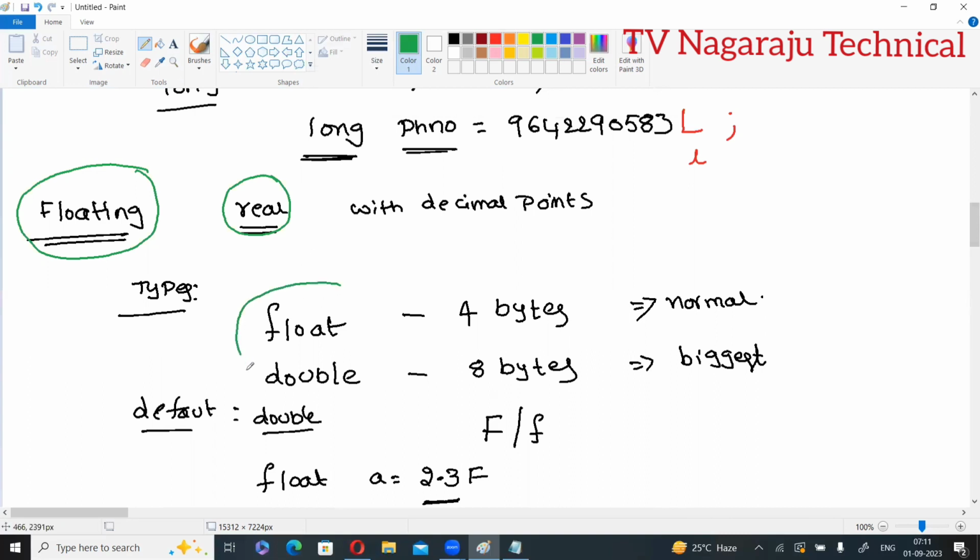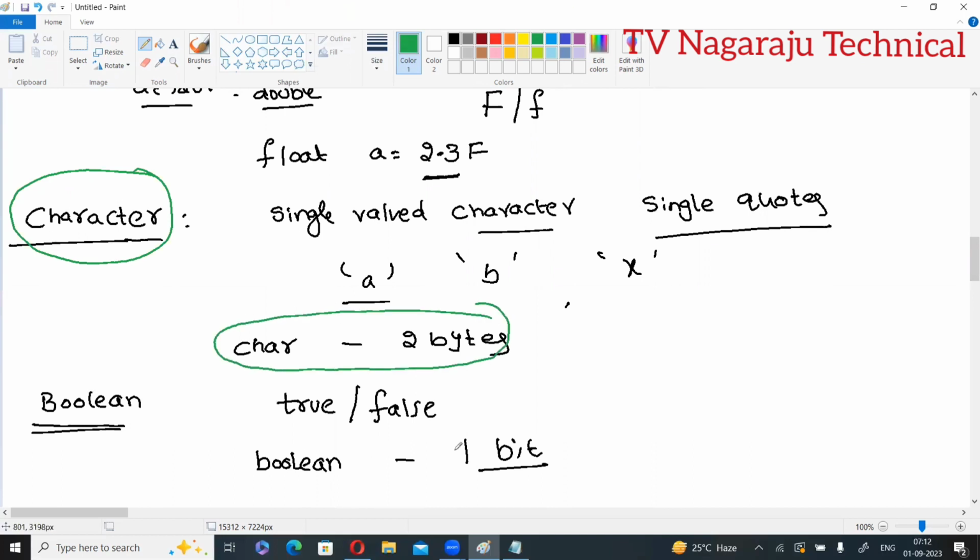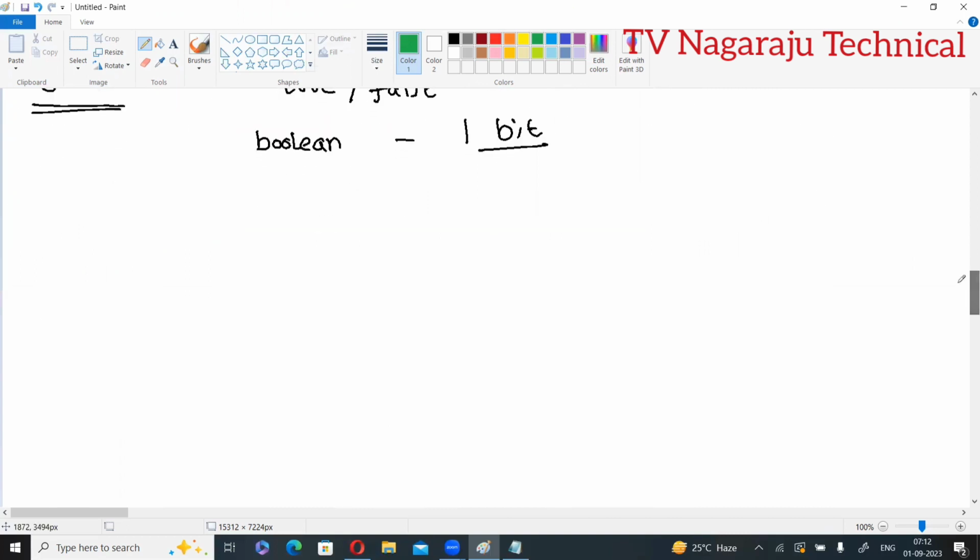Those vary according to the sizes. Next one is character. Only one is available. Finally, Boolean. Only one data type, Boolean, is available. These are the primitive data types.